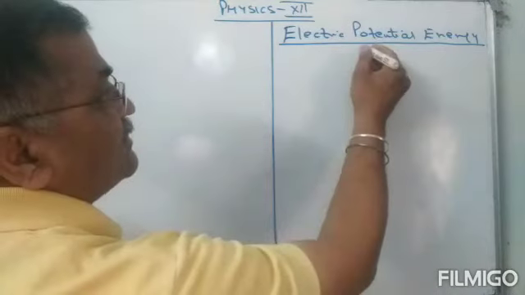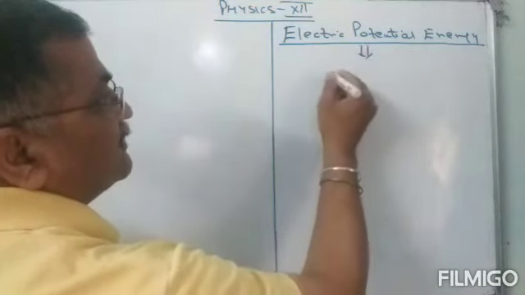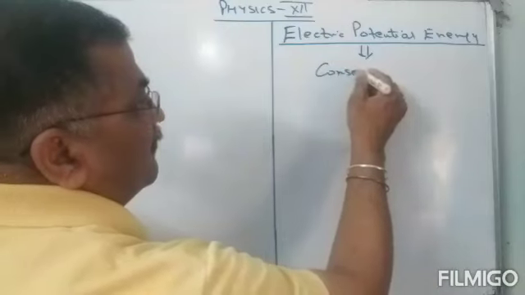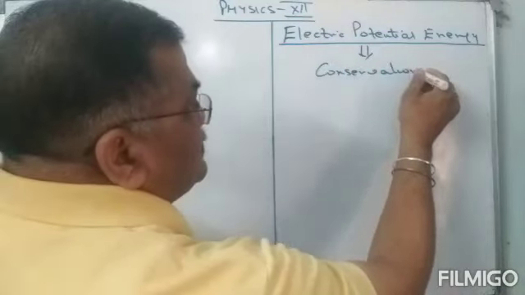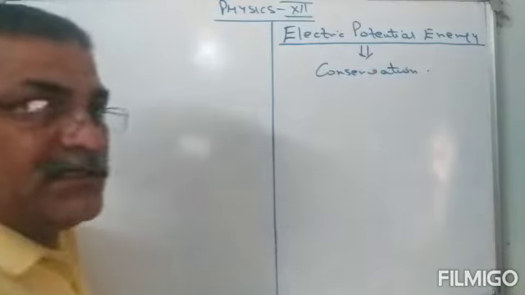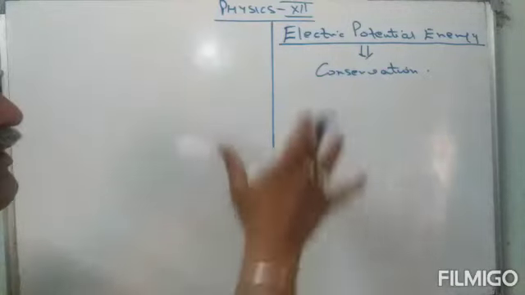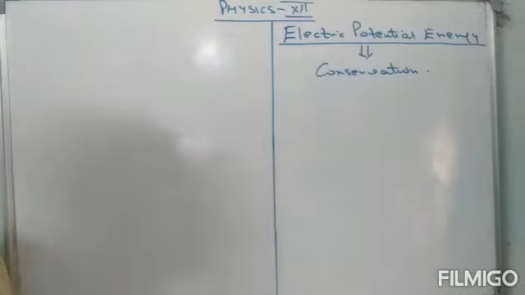This electric potential energy is conservative, which means it does not depend on the path followed by the charges. It only depends upon the position of the charges in the electric field.